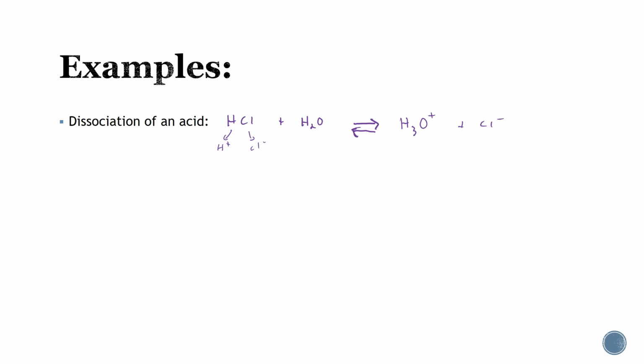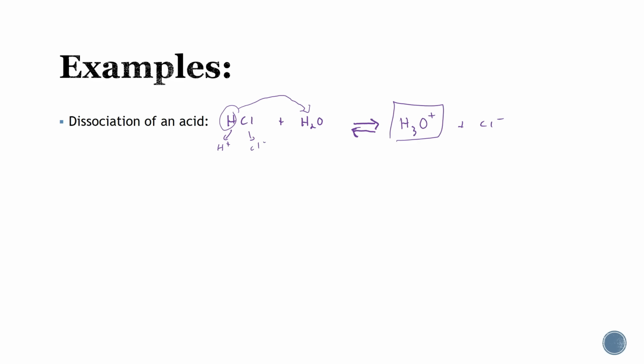So in this particular reaction, hydrochloric acid is my acid, and I know that because the H2O becomes H3O. The hydrogen from hydrogen chloride was donated to the water in order to make that hydronium ion.